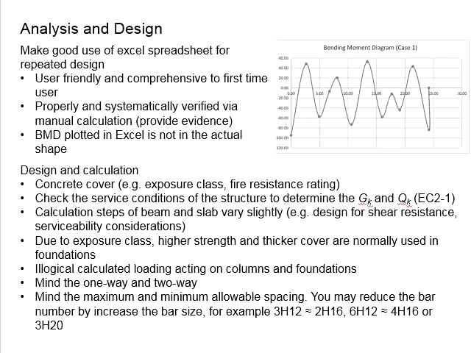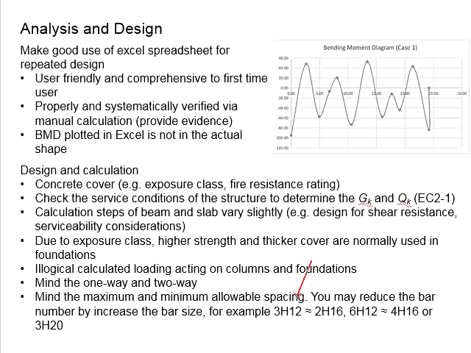In fact, the rebar area of 2H16 is usually slightly bigger than 3H12. With that, by increasing the bar size, you can actually reduce the number of reinforcement bars. And this principle is applicable for other sizes.